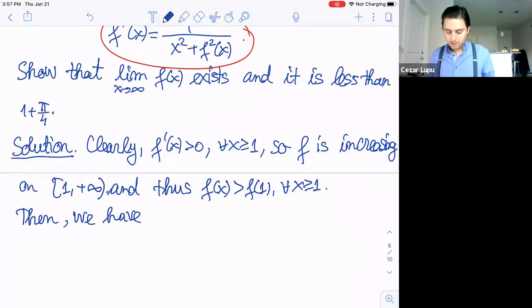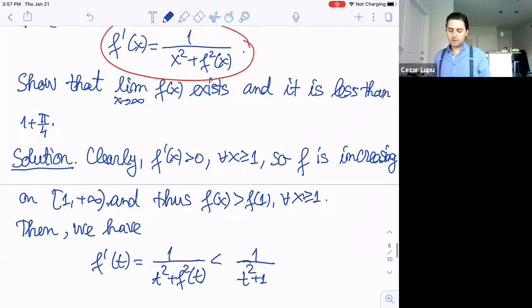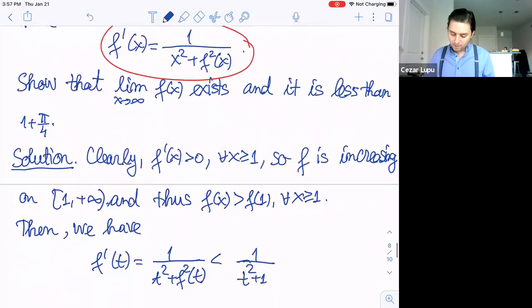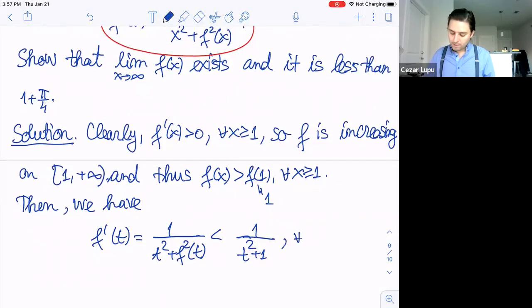Then we have that f prime of t, which is given by 1 over t squared plus f squared of t, will be less than 1 over t squared plus 1. That's obvious, because f of 1 is 1. Let's not forget that. This is for all t greater than 1.